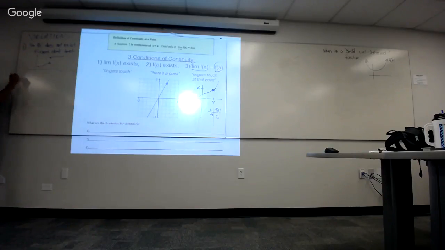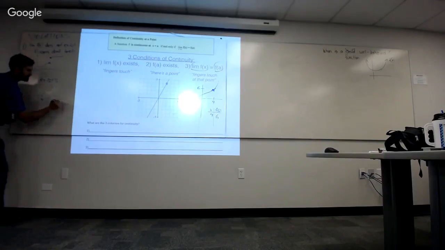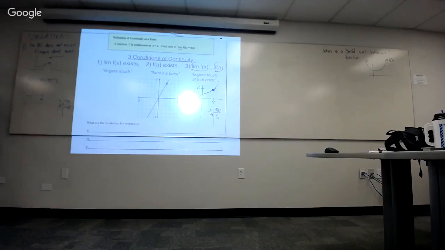What about number 2? What would a violation look like of f of a exists? So there's my graph. There's the coordinate 4. What would that look like? That there is no value for the input of 4. That if you did a table of values for x, f of x, and you input 4, you get out undefined, because theoretically you divided by 0 or you square rooted a negative.